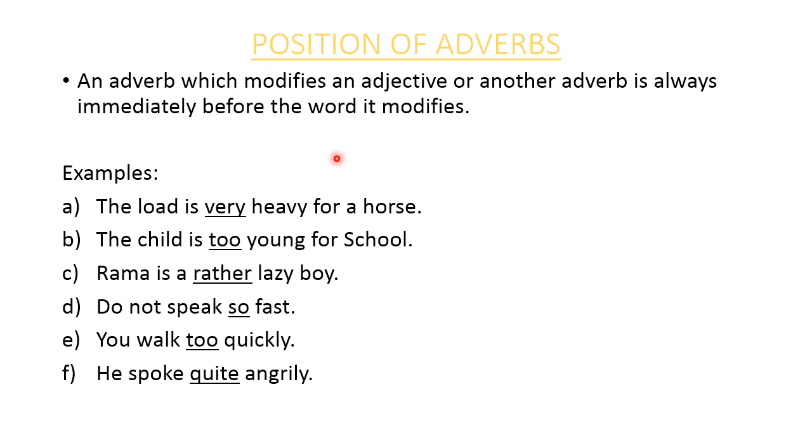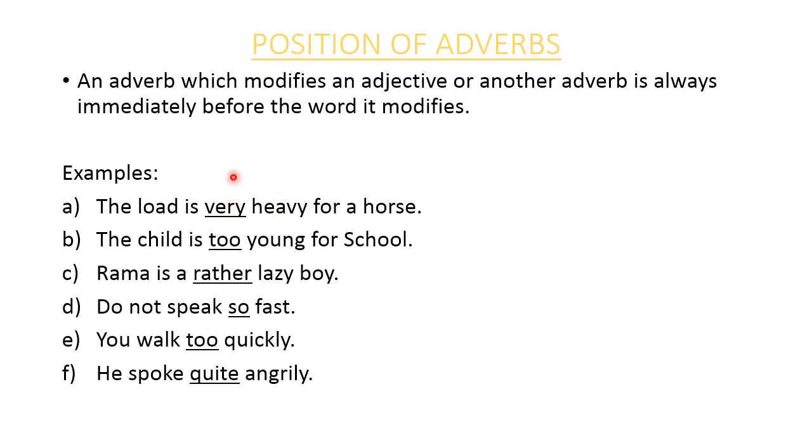Clear? I'm going to take one example and then I will explain. The load is very heavy for a horse. So heavy is the word; an adjective or adverb, any word can be here. An adverb which modifies an adjective or another adverb is always immediately before the word it modifies.